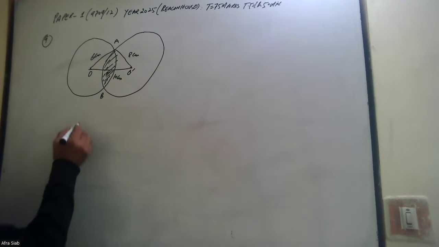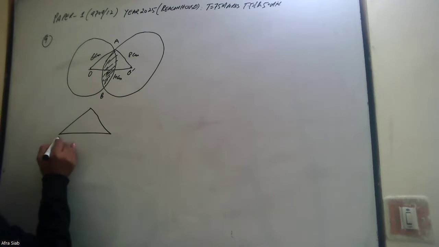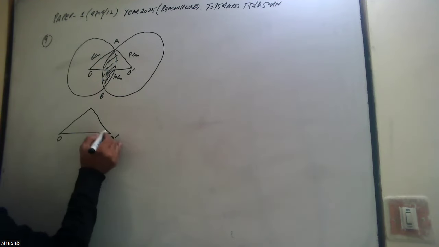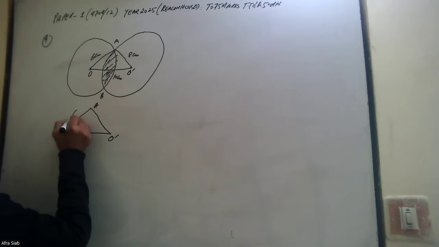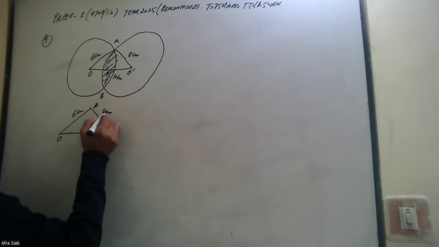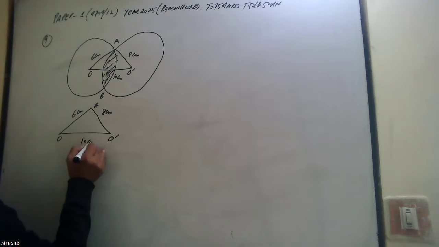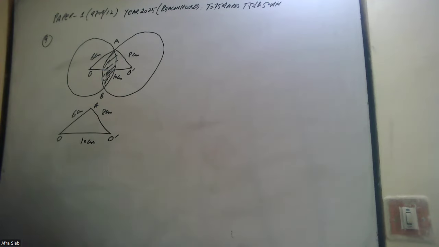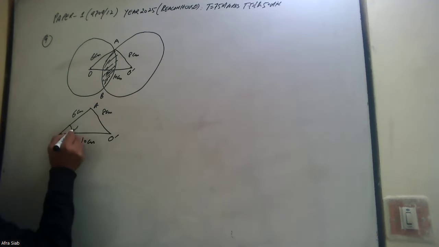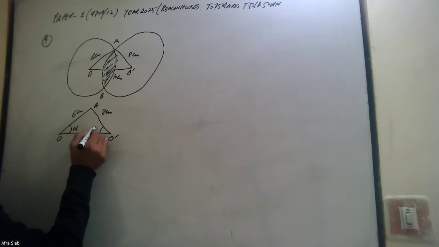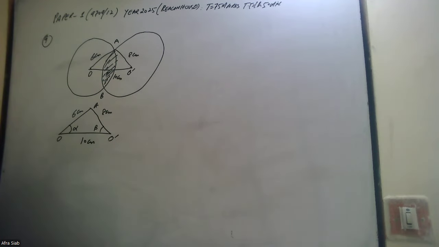We know that if we mark this triangle as O, O dash, A, where this side is 6 centimeter, this is 8 centimeter, this is 10 centimeter. Let's say this angle is alpha and this angle is beta.